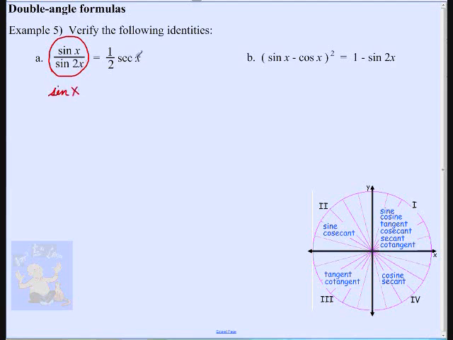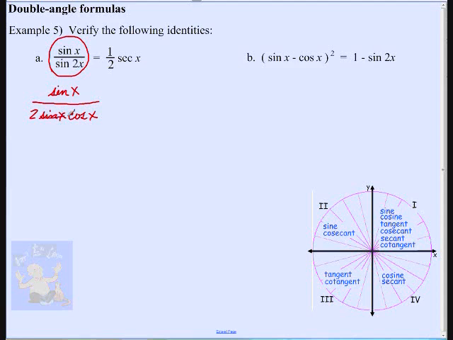Now notice over here where I'm trying to get to is a single angle. So I have to get rid of this double angle. We know the sine of 2x is equal to, in terms of a single x, 2 times the sine of x, the cosine of x.